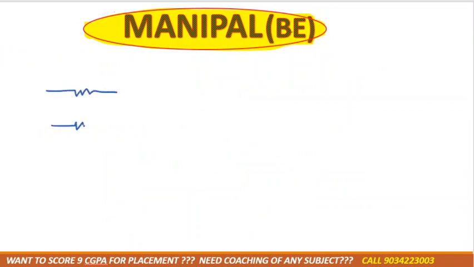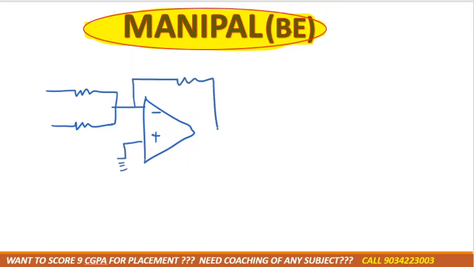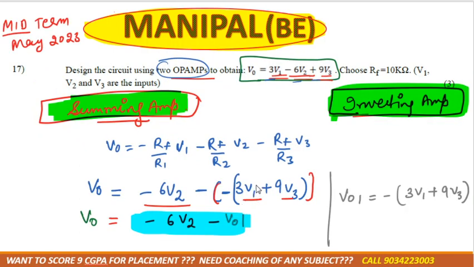In the adder, where we are providing the voltages, the positive one is always grounded, and with the negative one there is always a feedback resistance, right? This one is V1, and this one is R1, the other is R3. Why have I taken this? Because as you can see, V1 and V3 are added with each other, correct?